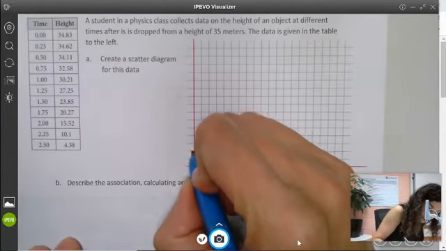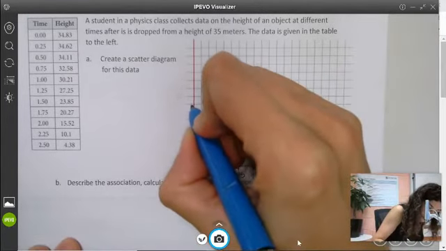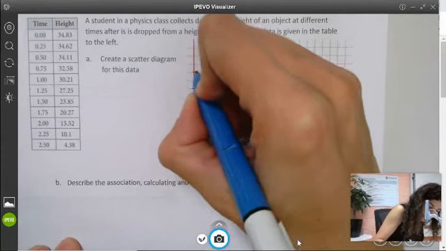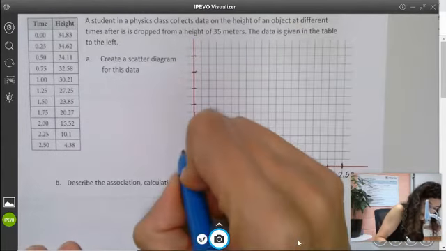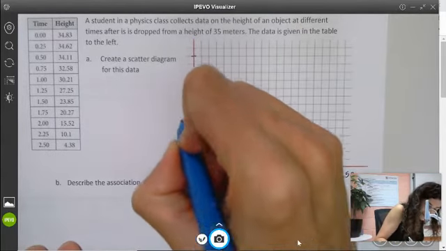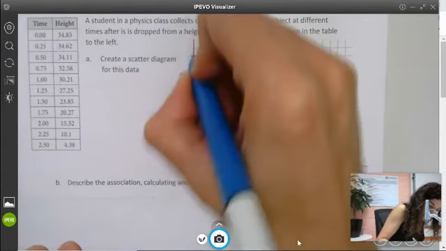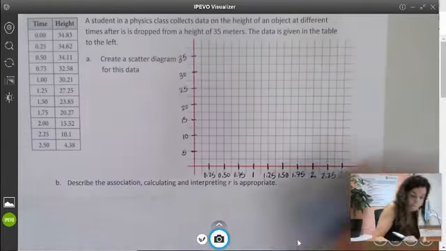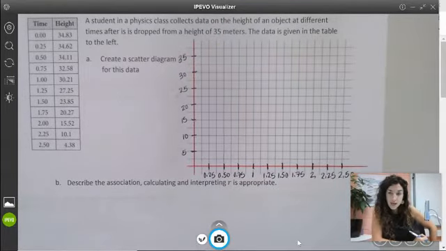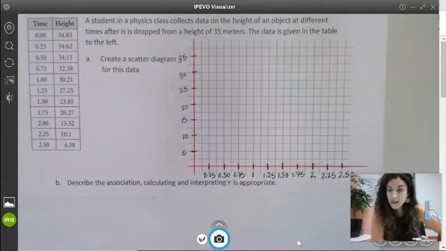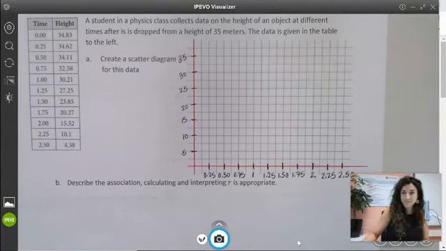I'm going to go every 2, and every 2 is going to be 5, I think. Okay, so that should be your scale for your graph, and go ahead and I'll pause the video. Complete your scatter diagram.